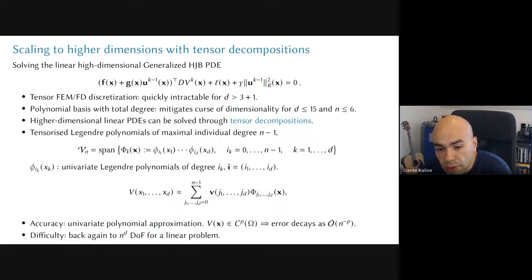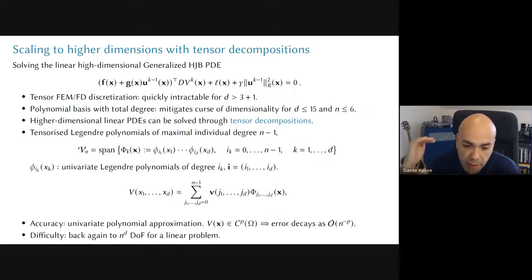I'm going to tell you right away what we do now, the state of the art of this. We have been able to solve this problem up to, say, 120 dimensions, which is more or less the state of the art of what we can do nowadays without supercomputing, by using something that we call tensor decompositions. People working on tensor calculus are very good at solving linear PDEs in high dimensions.